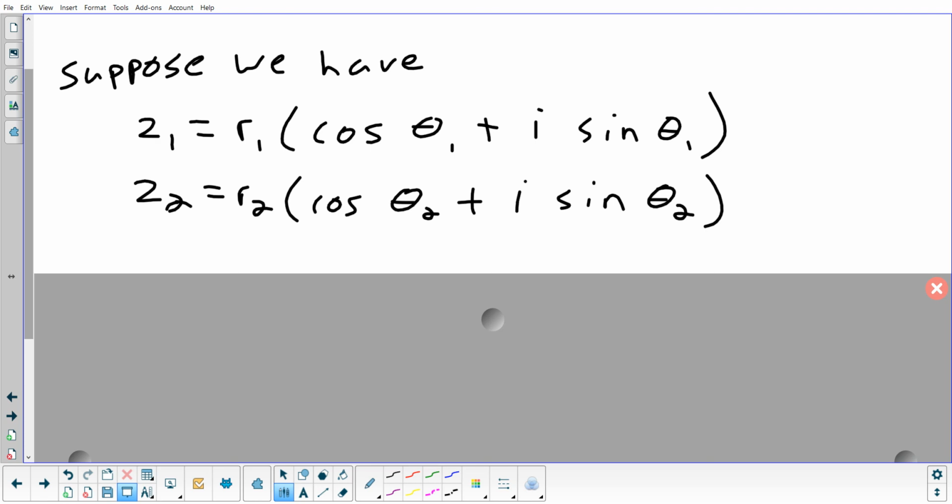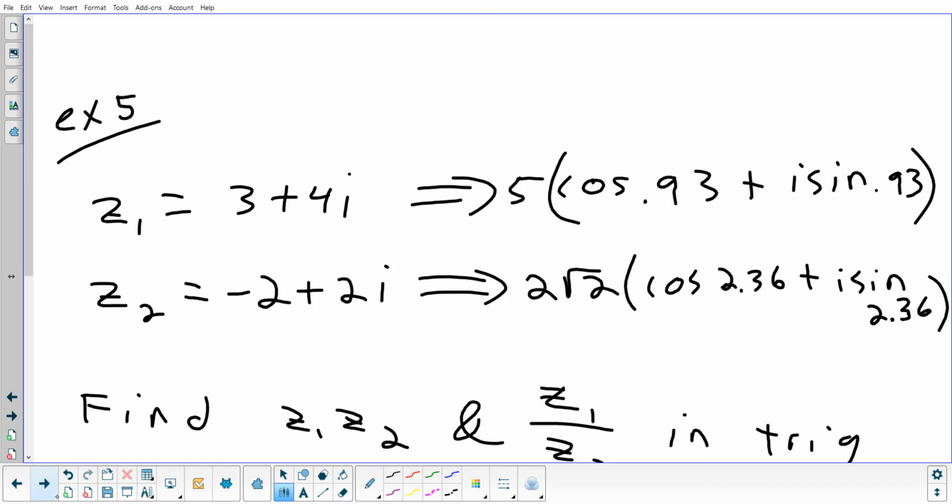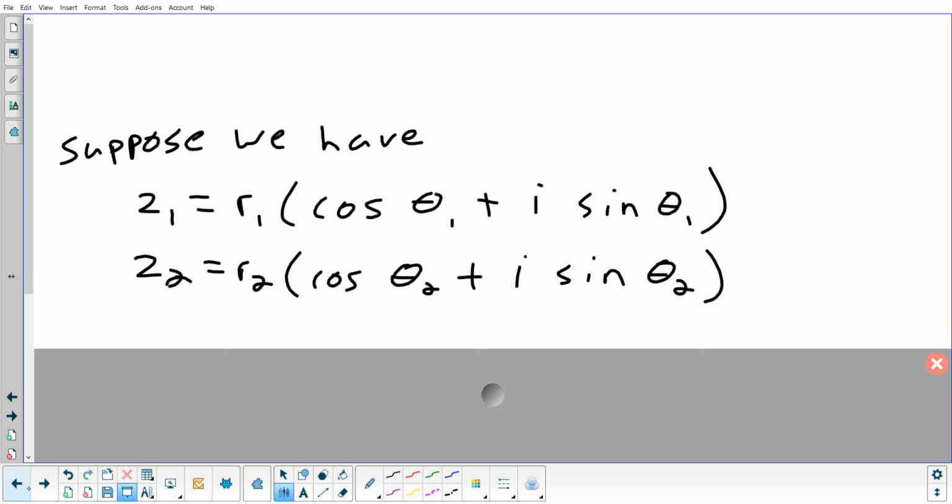Each complex number has its own radius and its own angle. So r1, theta 1, r2, and theta 2 would all be numbers in a real problem. They'll give you the r and the theta, or you'll find it.